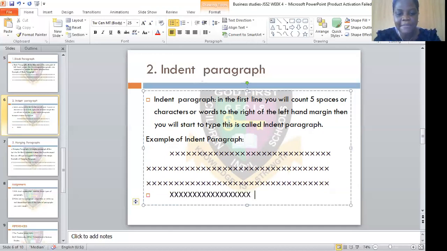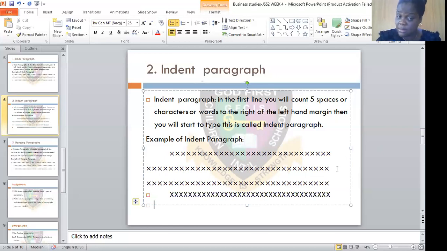You can see that this particular letter, having the first paragraph, having left the 5 spaces, you type towards the right margin. After that row, you come to the next row, which will start from the left margin. You will not leave spaces again. Then you will continue typing to the right margin.